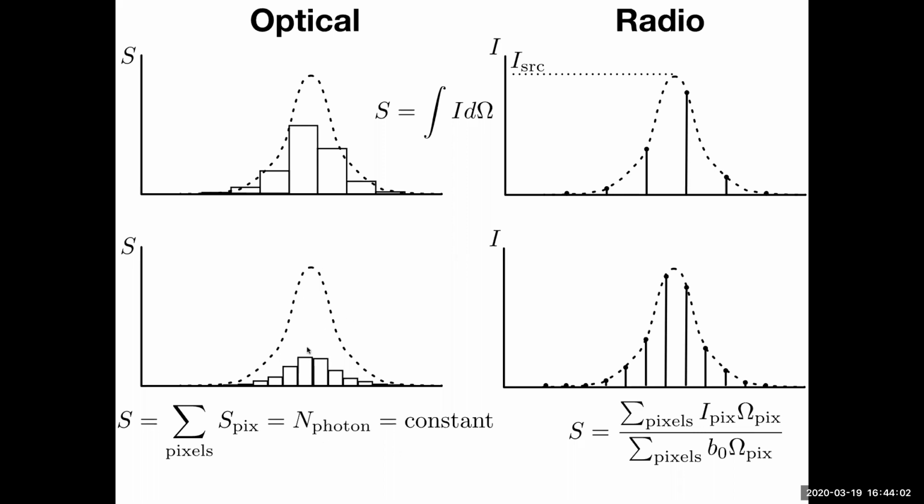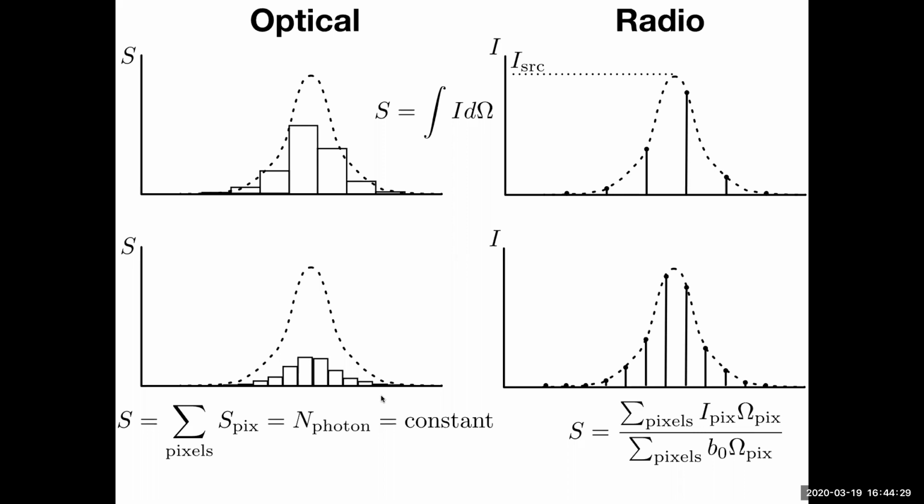So if you were to take your camera and make the pixels half as big, then suddenly you have the same amount of signal split out over twice as many pixels, or 4 times if it's 2-dimensional. So the same signal split up over 4 times as many pixels, the flux density per pixel should be 4 times smaller. But the integral is the same because you still have the same number of photons.